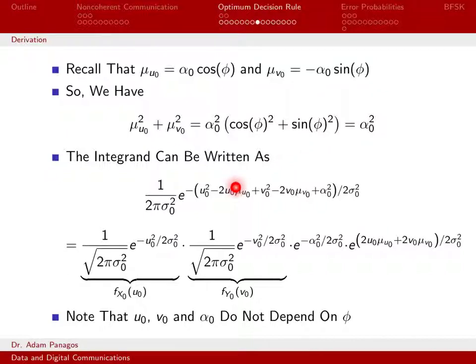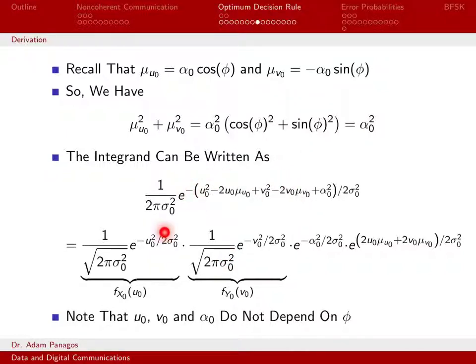Let's take this integrand and split it back up a little bit more into different pieces. You can see I factored this into two pieces, that piece and that piece, by just taking the square root. And then I have split the exponent up into three different exponents.